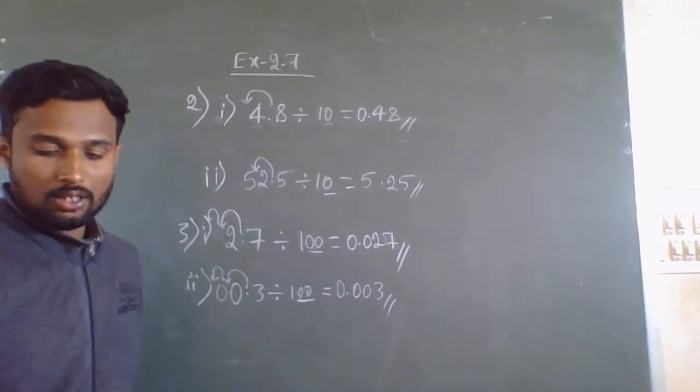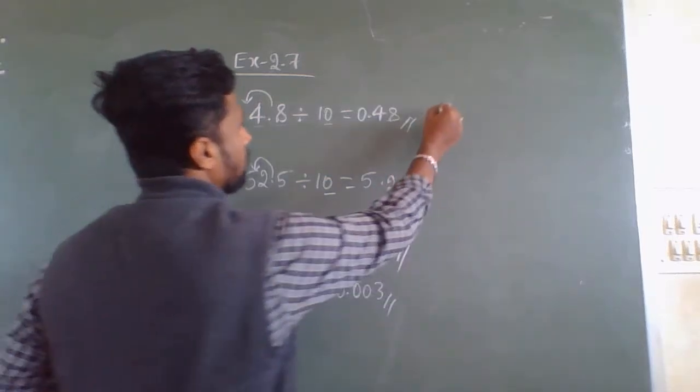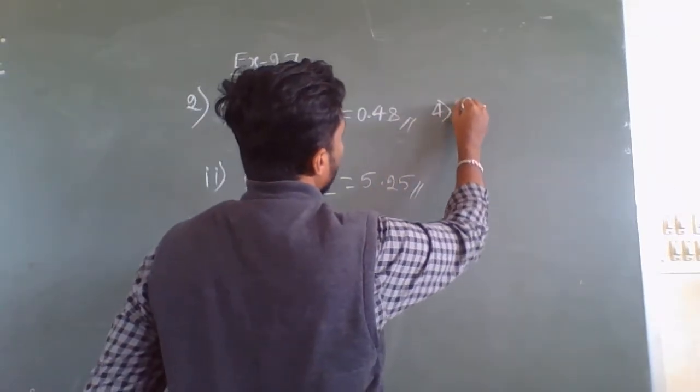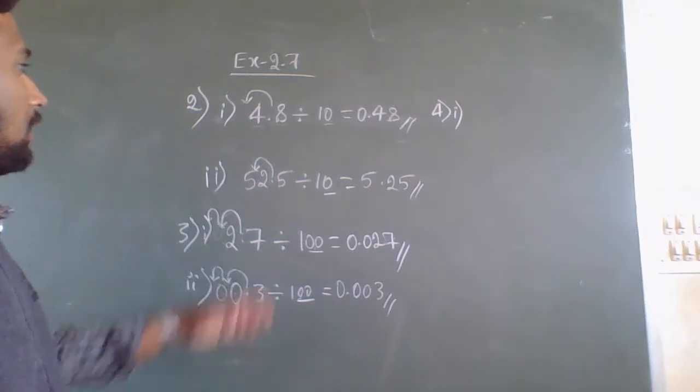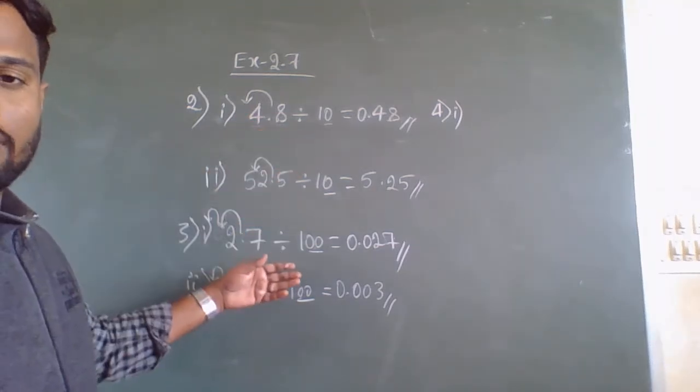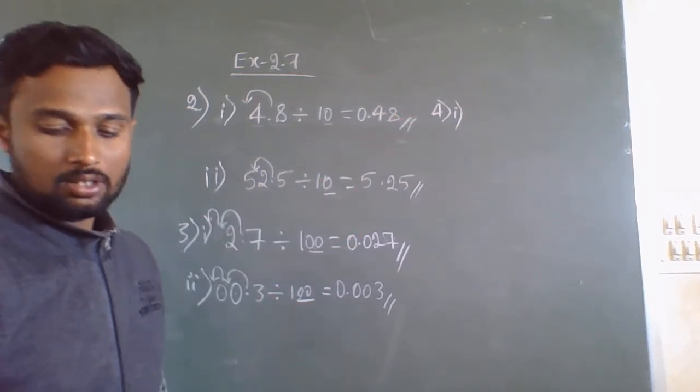Like this only, in the fourth question they have given 1000 here. Fourth question, first one. Here, division by 10, division by 100. Now we are dividing a decimal number by 1000.